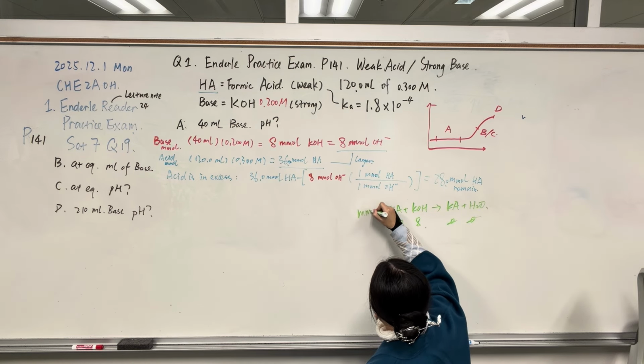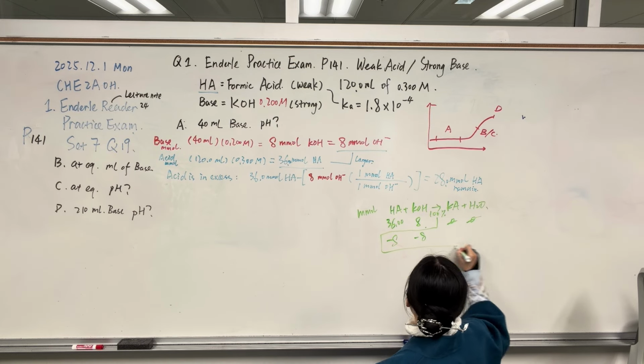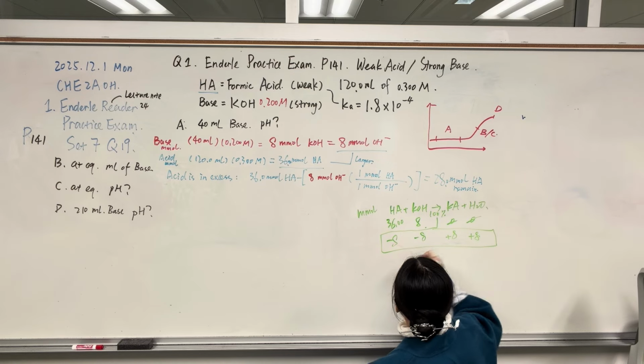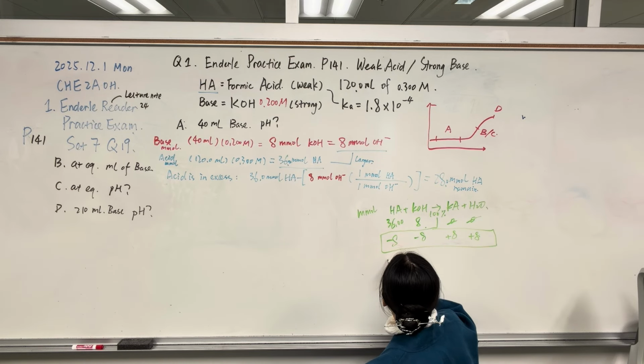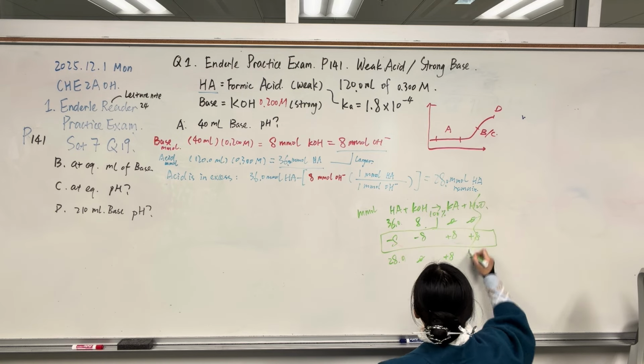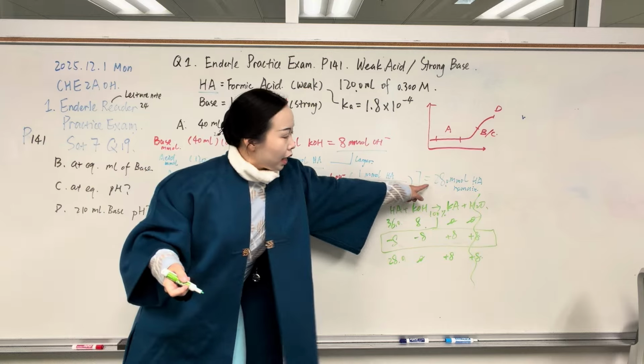So I will have minus 8 because this is 100%. Add 8. The leftover is 28, and this is 0, this is plus 8. But water doesn't count. This is what I write in my class. It's the same thing as this 28.